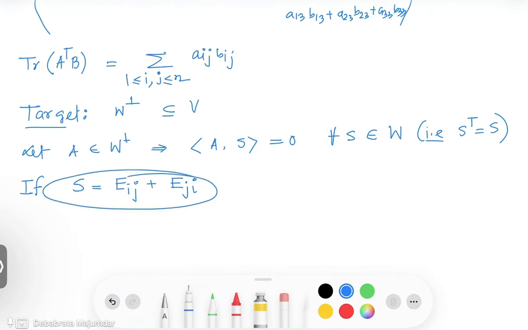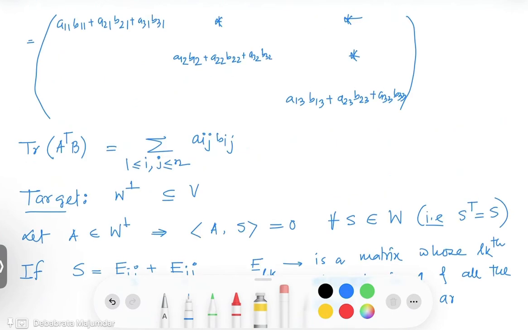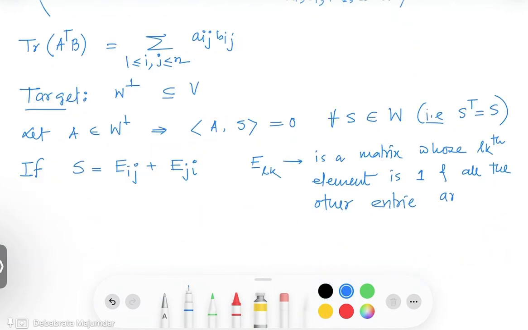So if S is equal to this element, what is Elk? It is a matrix whose lkth element is 1 and all the other entries are 0. Okay, fine.